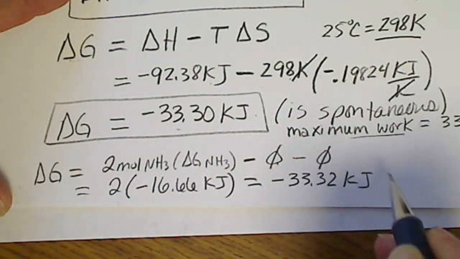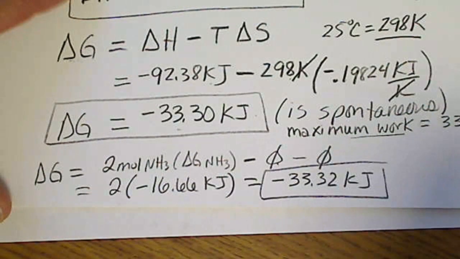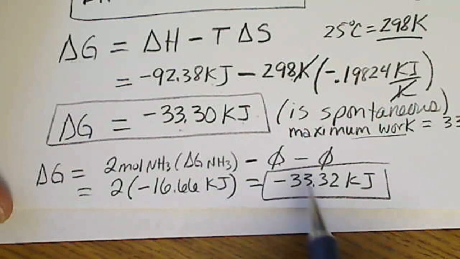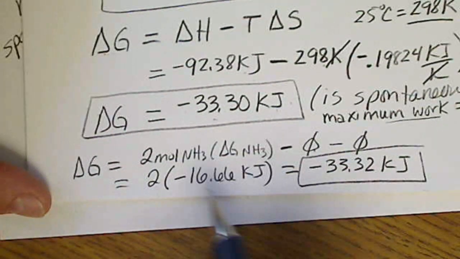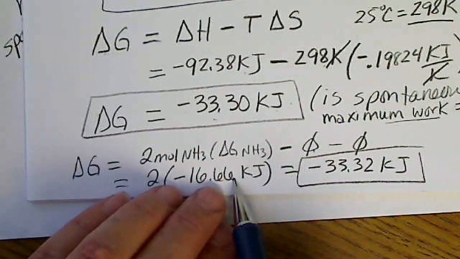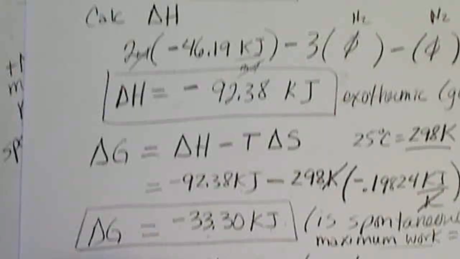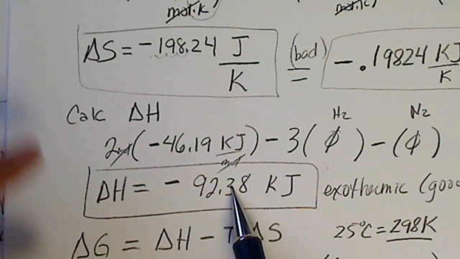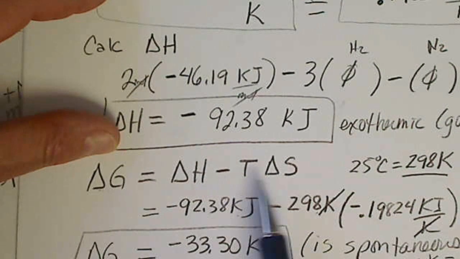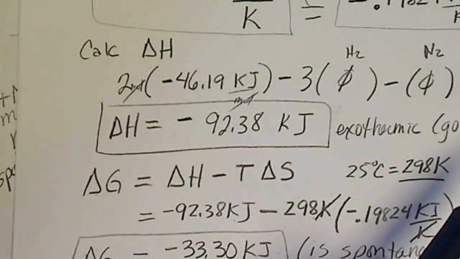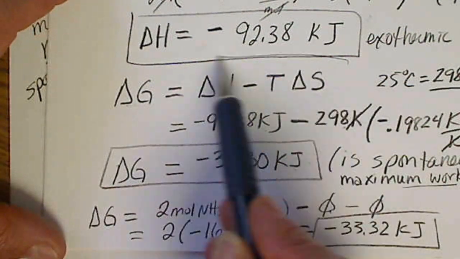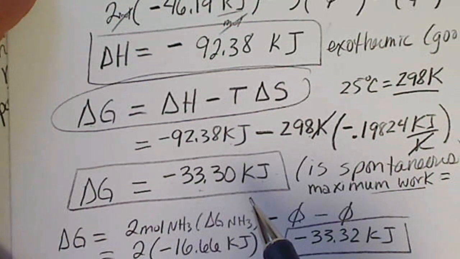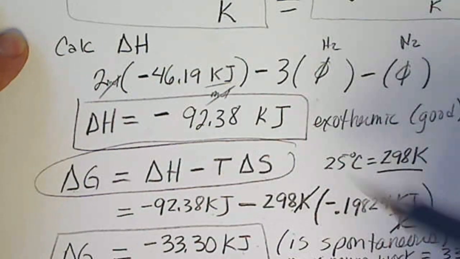So that's the beauty of a state function. No matter what we do to do the calculation, we'll get the same answer. So using the table is a much easier method than actually solving for delta S separately and then solving for delta H separately and then plugging those values in. There is a time when we would do that, and that would be in a case similar to this, where we have 2 competing terms.